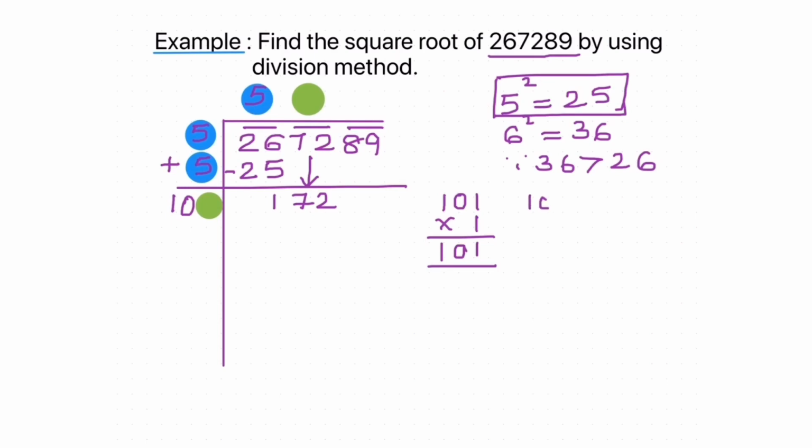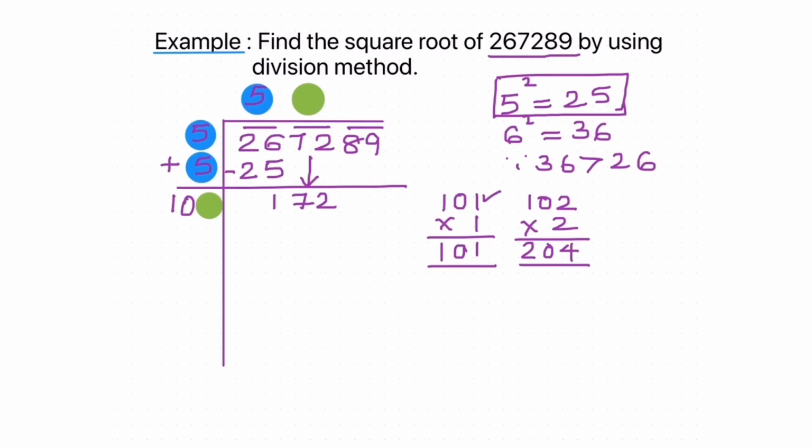So if we take the digit as 2, 2 times 2 is 4, 2 times 0 is 0, 2 times 1 is 2. 204, which is greater than 172. So we are going to choose the digit as 1.